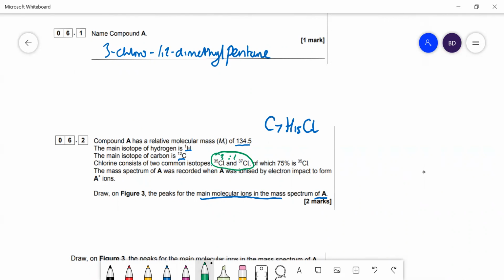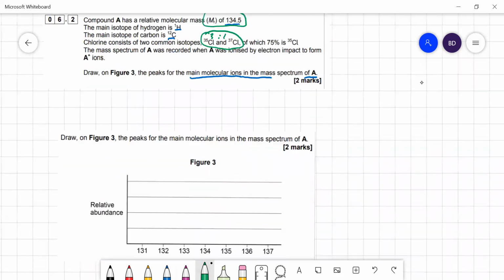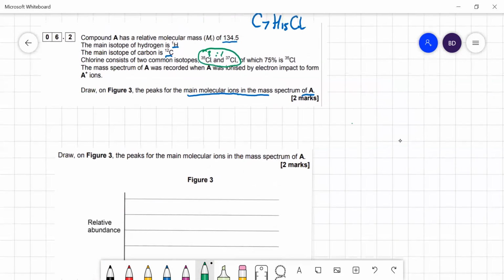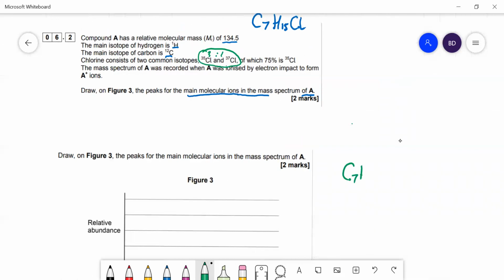Okay, so we need to think then, although the Mr of this is 134.5, we will get nothing on the spectrum at 134.5 because that's an average molecule, so you're not going to see anything at all there. All the molecules you've got, they're either C7H15 35Cl, or they are C7H15 37Cl.